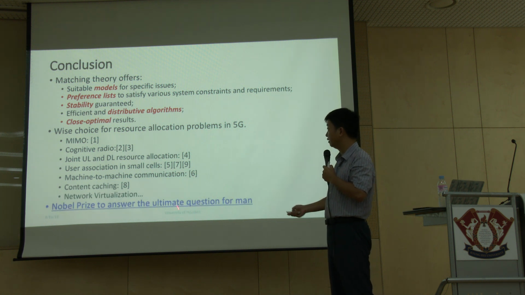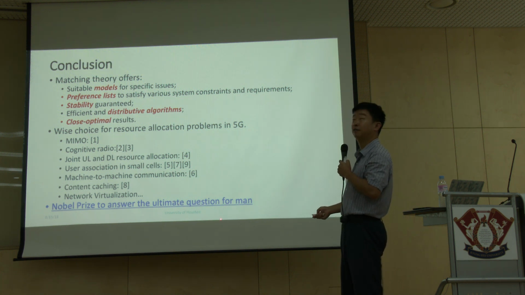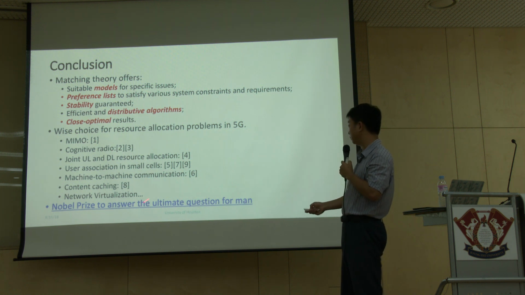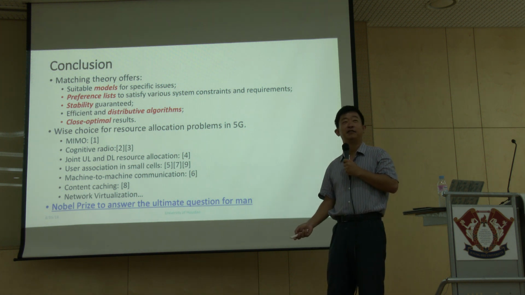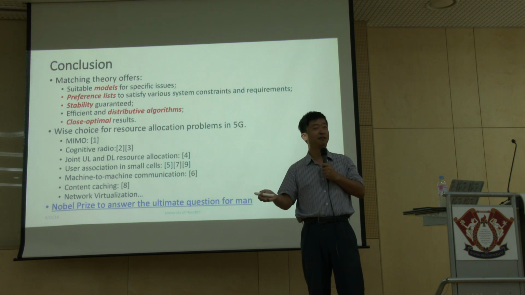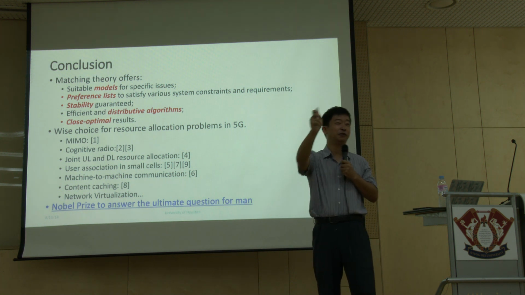As I mentioned, why was the Nobel Prize given to Shapley? It's because of the ultimate question for man. As I mentioned, if your girlfriend asks you why you love her, the answer is that you are on the top of the list. How you define it is up to you.